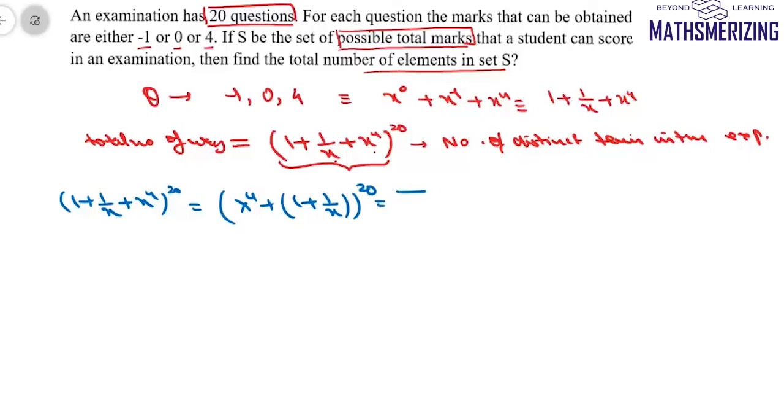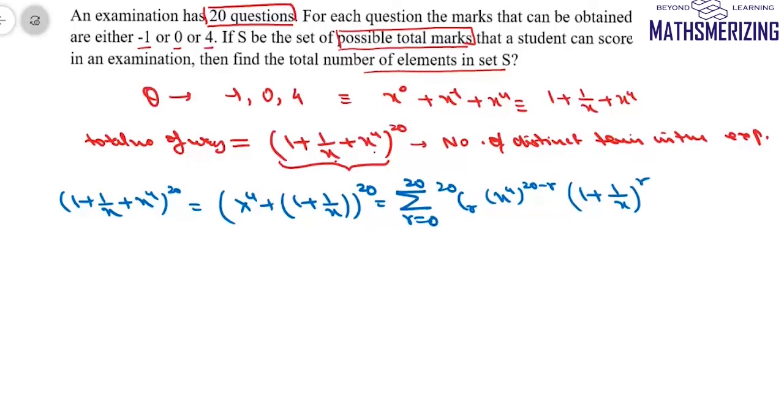And if I use binomial expansion, I can write the sum where r varies from 0 to 20, 20Cr x to the power 4 to the power 20 minus r, and 1 plus 1 upon x to the power r.